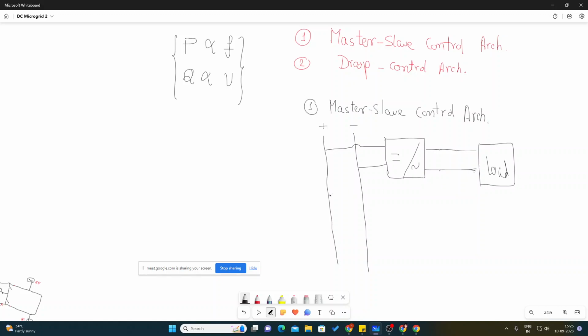Now the other inverters, I am drawing three inverters to explain each form of architecture. This is another inverter, and sorry, this is the other inverter. So all the three inverters are connected in parallel, right? Now, this is my VDC.